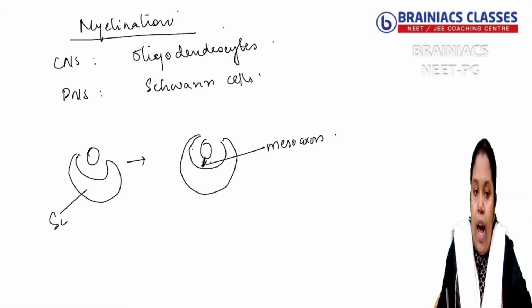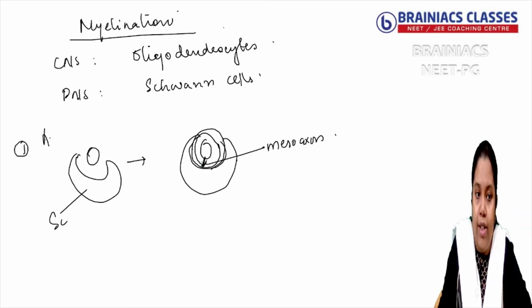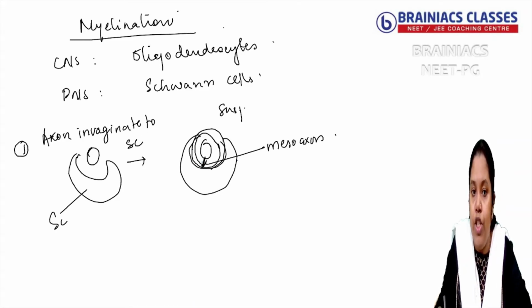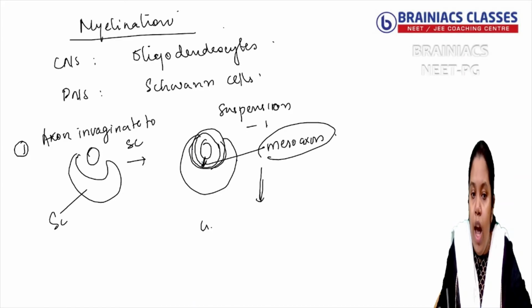This mesoaxon will extend and wind around the axon. Understand what is happening? The first step is the axon invaginating into the Schwann cell. Second, there is a suspension of the axon, called the mesoaxon, which will wind around the axon.